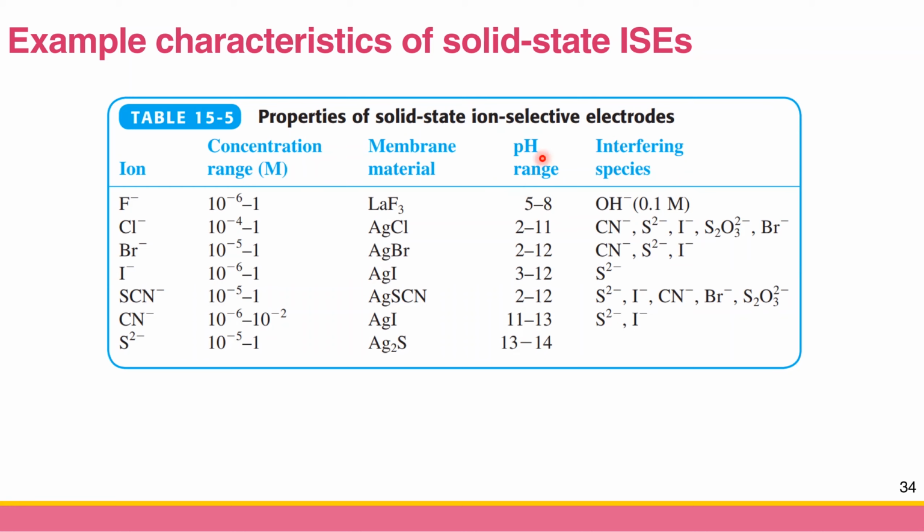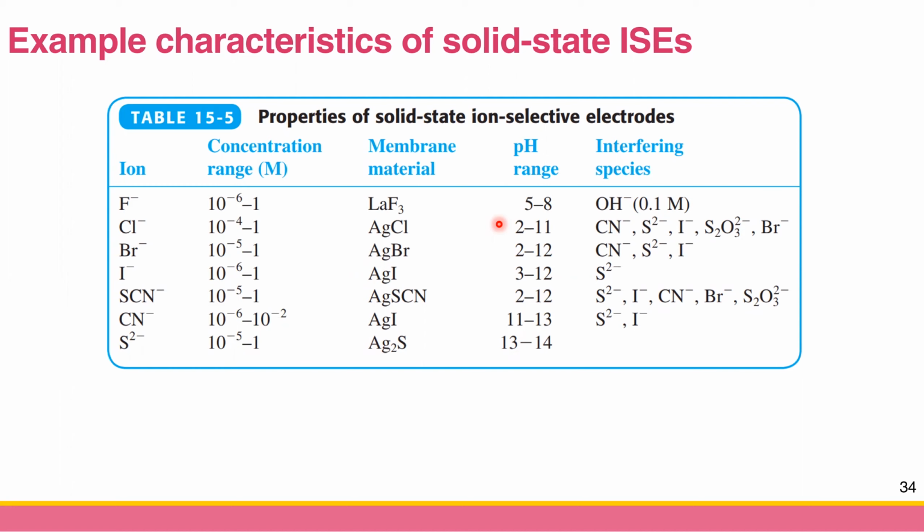Why? What's going to happen if the pH is lower than 5? Can you guess? Why can't we use this fluoride electrode at a pH lower than 5? Is it going to combine with the proton? So we need to know the pKa of HF, hydrofluoric acid, which is about 4 or 5.